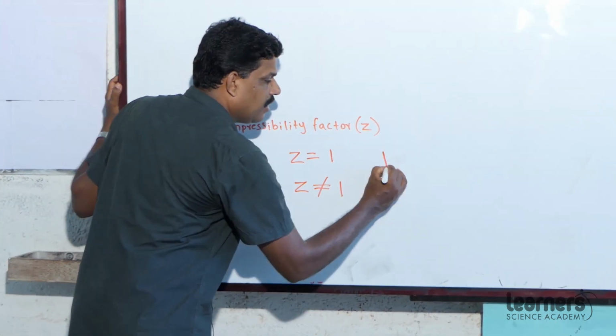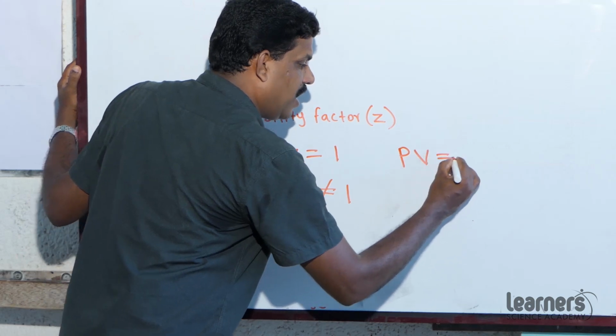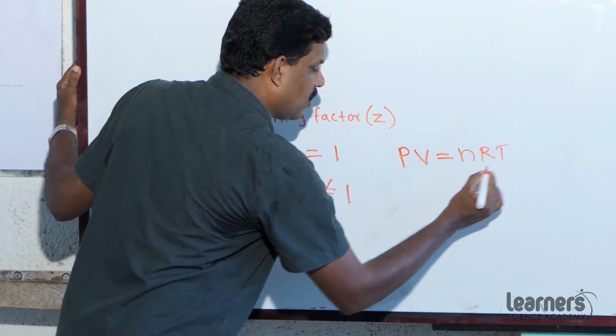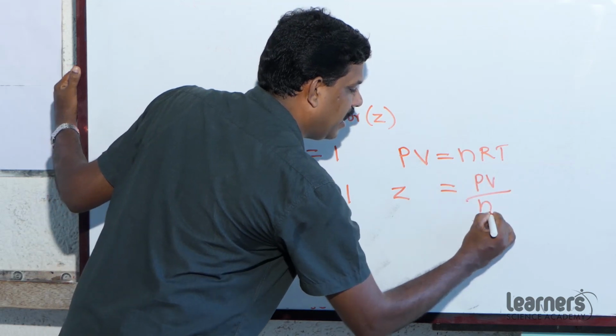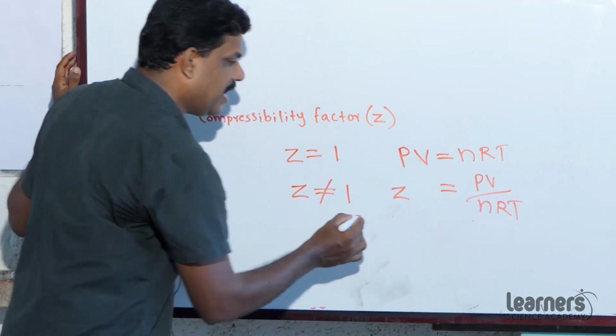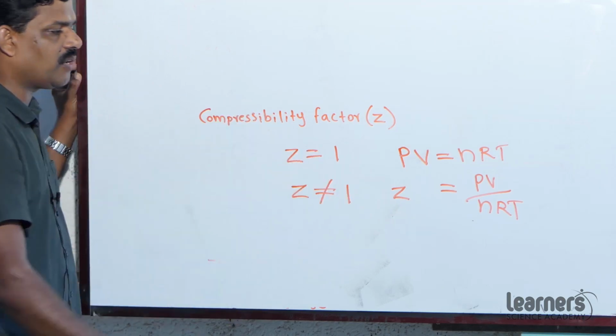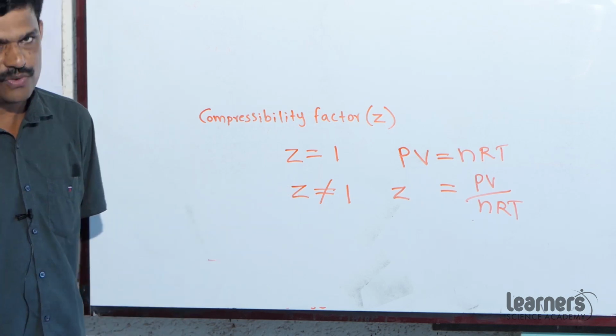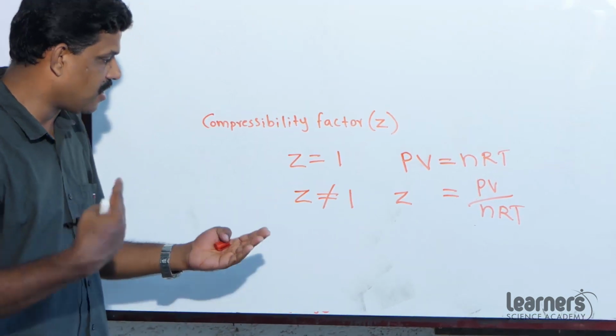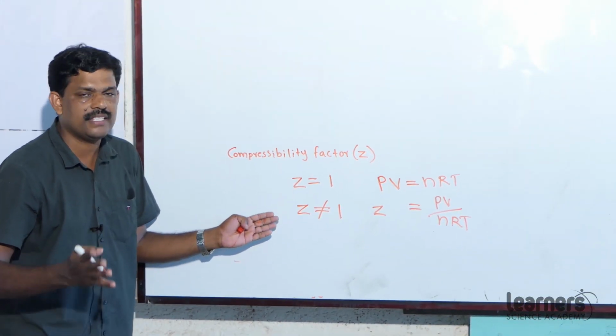The ideal gas equation is PV = nRT. So the compressibility factor Z = PV/nRT. For an ideal gas, Z will be equal to 1. For a non-ideal gas, Z will not be equal to 1. Sometimes it will be greater than 1 or maybe less than 1.